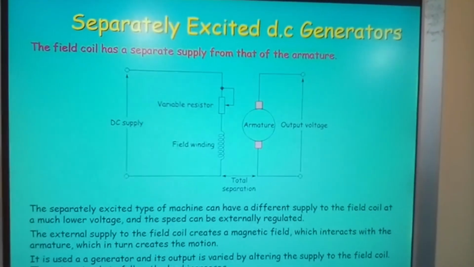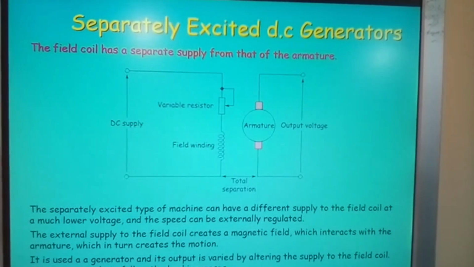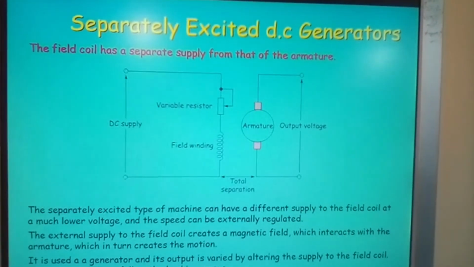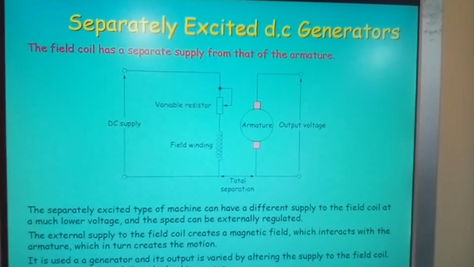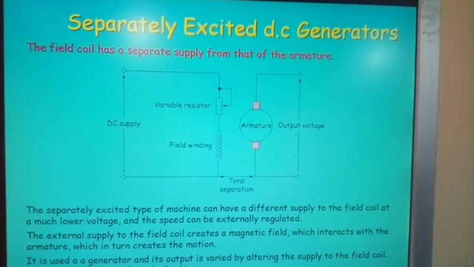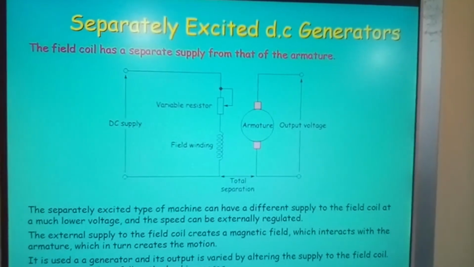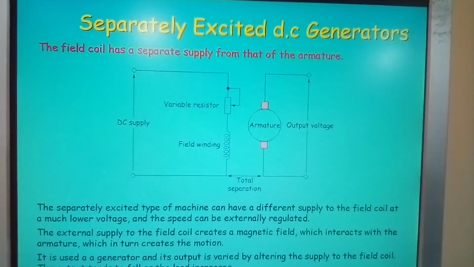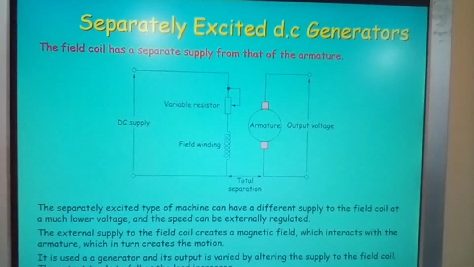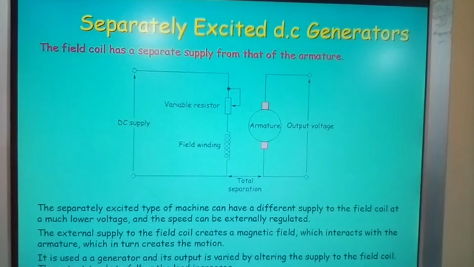Now the external supply to the field coil creates a magnetic field which interacts with the armature, which in turn creates the motion. It is used as a generator, and its output is varied by altering the supply to the field coil. The output tends to fall as the load increases.